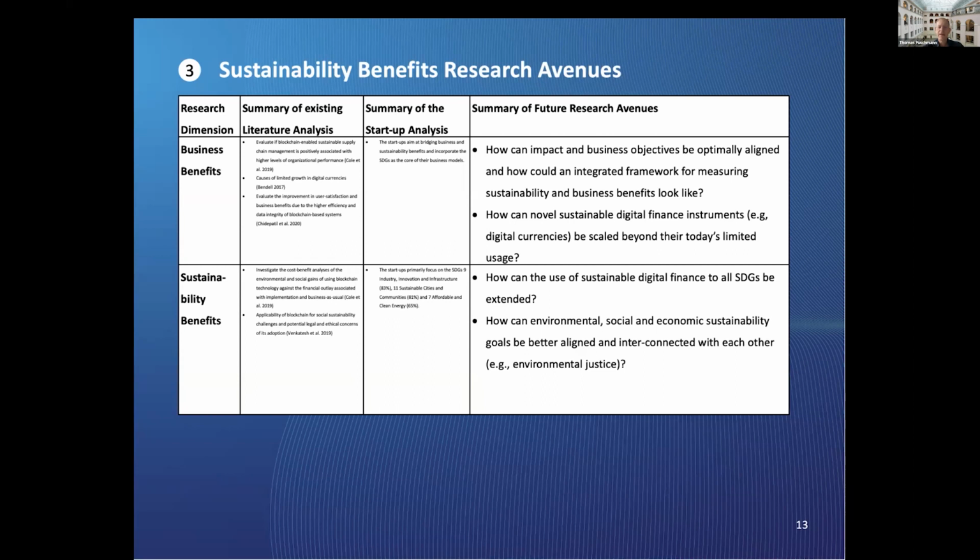So there needs to be an integrated model, how we can really combine them and be aligned in an integrated framework. How can new tools and instruments be used and be scaled beyond their usage today, CBDCs and stablecoins and other things for financial inclusion, for example.